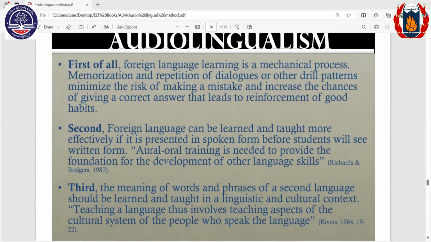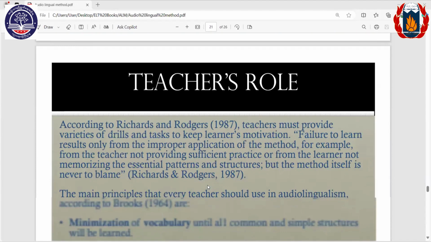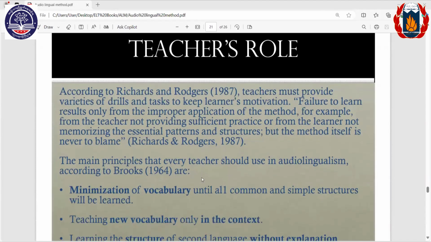So, first, our students need to memorize and repeat dialogues and other drill patterns. Second, the spoken form comes first rather than the written form. Next, words and phrases should be learned in context and linguistic form. Now let's see the teacher's role.